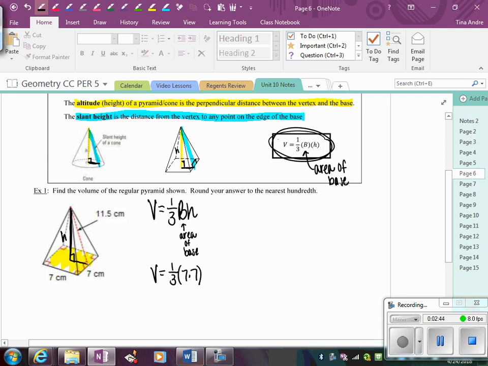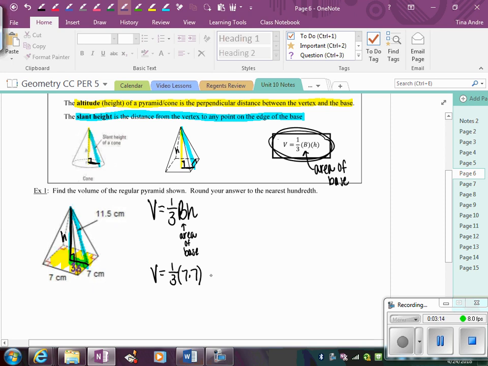So when you look, you hopefully are seeing that you have this right triangle formed with the slant height, this distance here, and the height. Now this distance on the bottom will always be half of this edge, because the height will always go through the center of that base. So that means that this right here is really going to be 3.5.